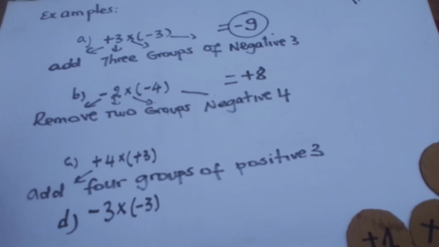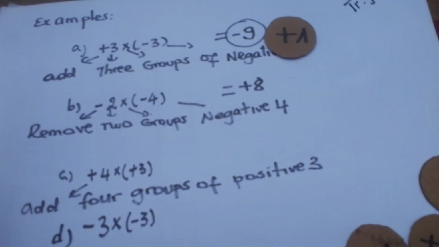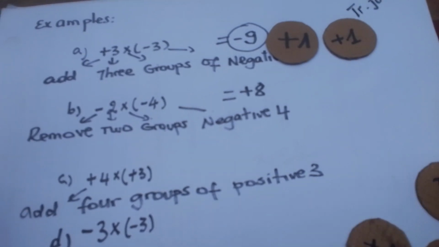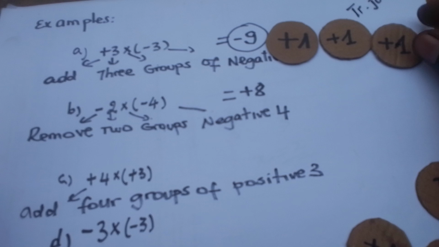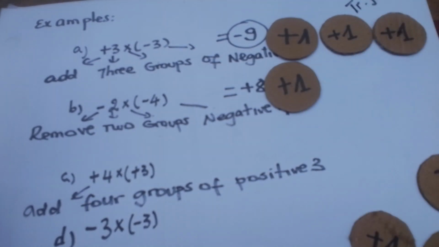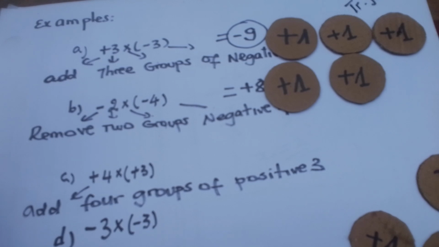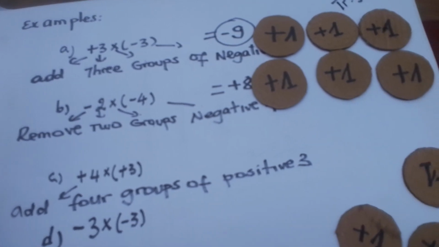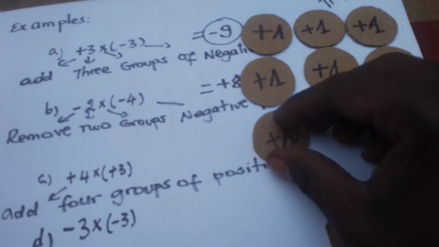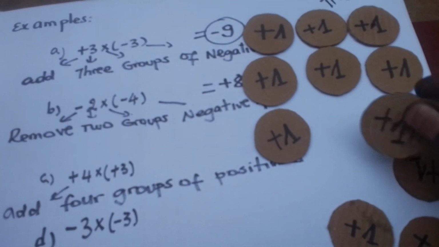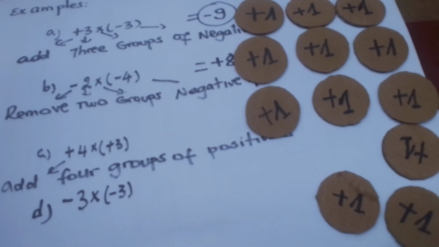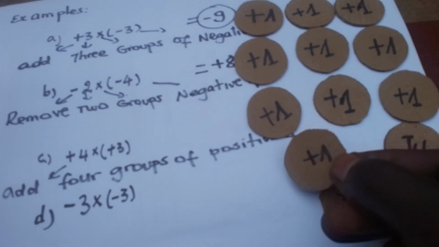Now I think this is simple. One group of positive 3, the second group of positive 3, the third group of positive 3, and the fourth group of positive 3.